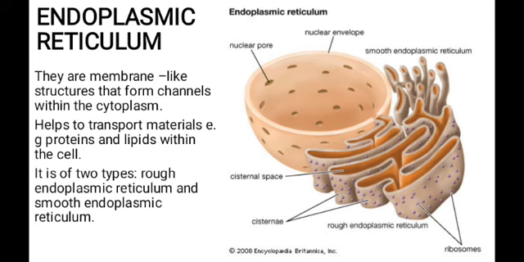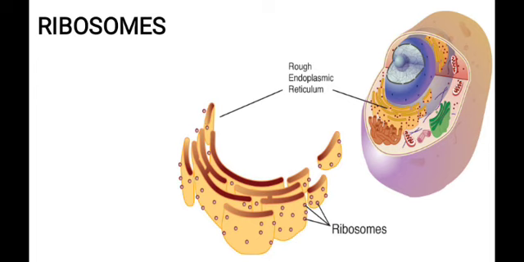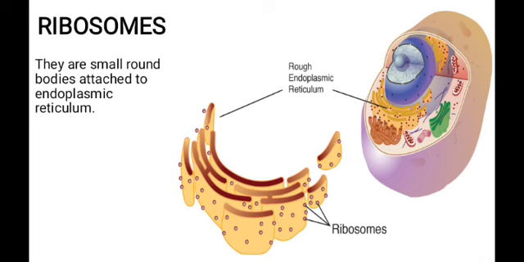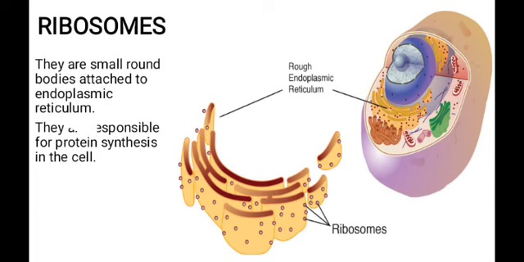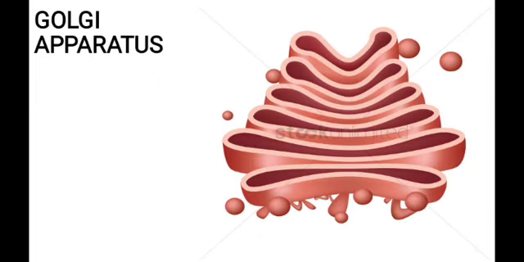We have the rough endoplasmic reticulum and the smooth endoplasmic reticulum. Next is the ribosome. The ribosome are small round bodies attached to endoplasmic reticulum. They are responsible for protein synthesis in the cell.